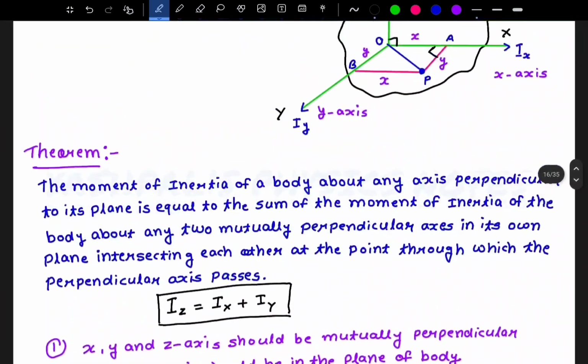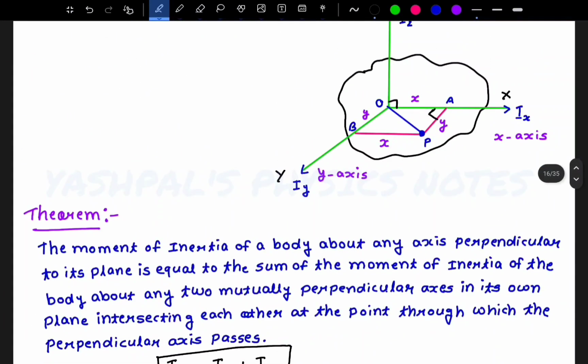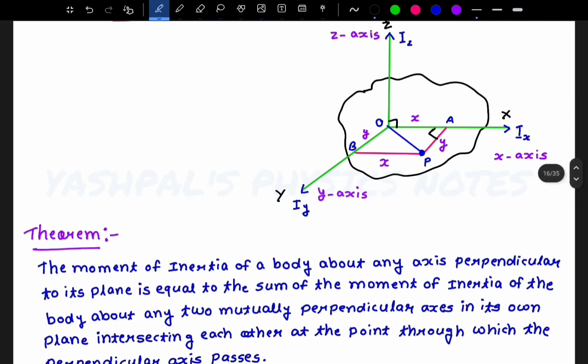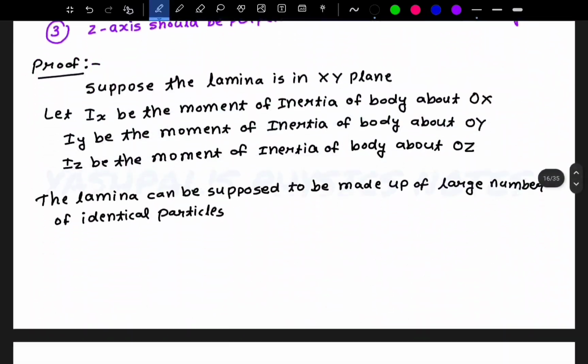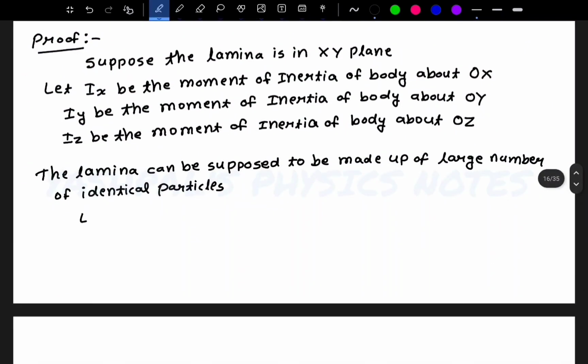In this figure we have considered a large number of identical particles in this lamina, that is a two-dimensional plane or sheet of paper. Out of these particles I have considered one particle, present at point P, having mass small m. So I am writing: let a particle of mass m be at point P.